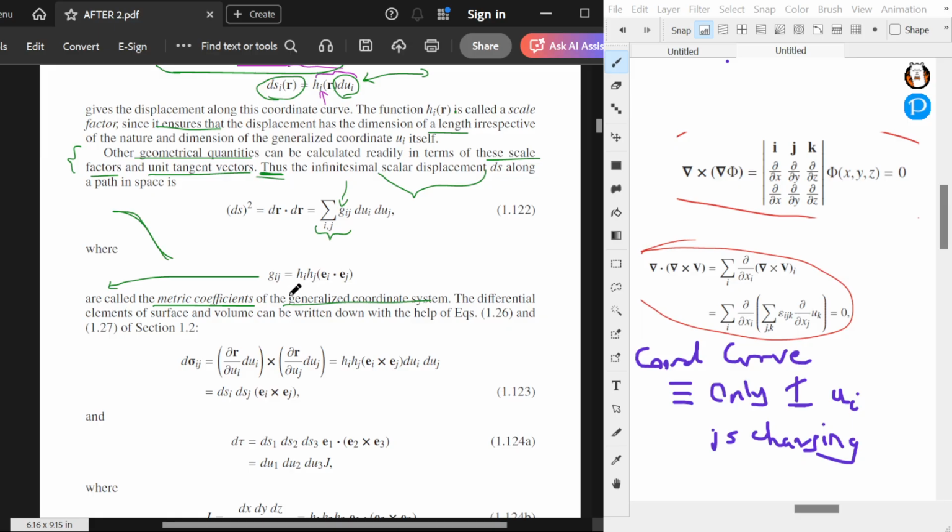So what I'm getting from this is that when you figure out the HI, EI stuff for a coordinate system, you are generalizing it. Maybe, yeah, maybe. And these coefficients are called the metric coefficients of this.